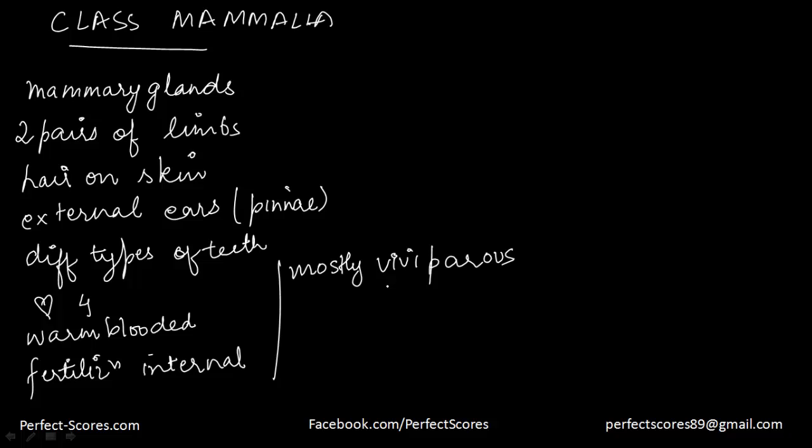All these are viviparous and they give birth to live offspring. So that is a basic summary of the class Mammalia, that they have mammary glands, that they have got two pairs of limbs, there is hair on their skin, external ears are present, and different types of teeth are also there. The heart is four-chambered with warm blood, fertilization is internal, and they are mostly viviparous.